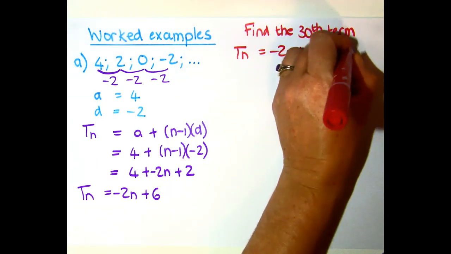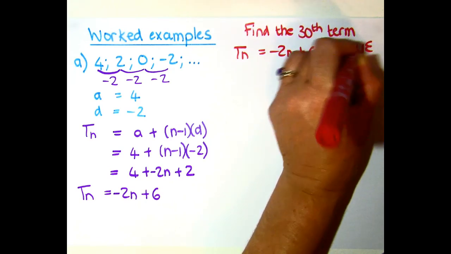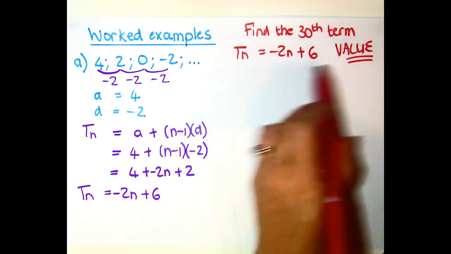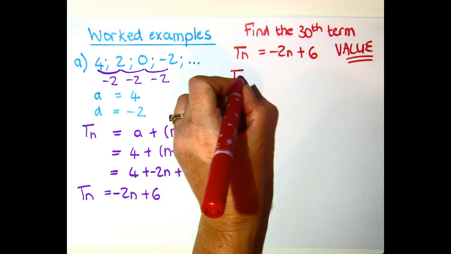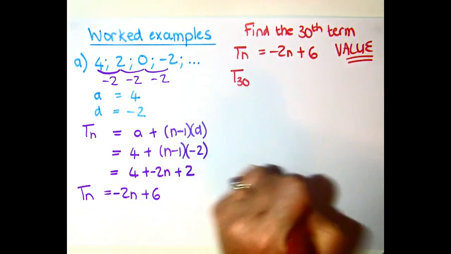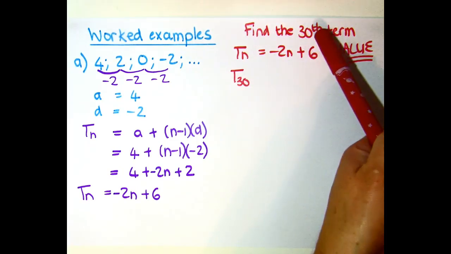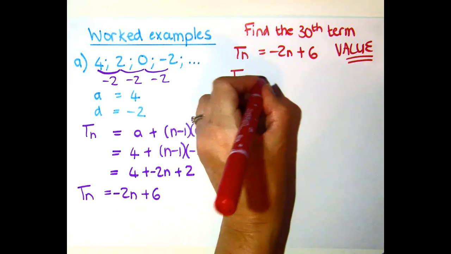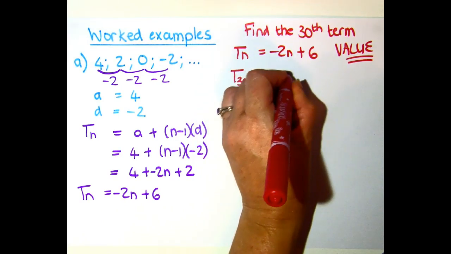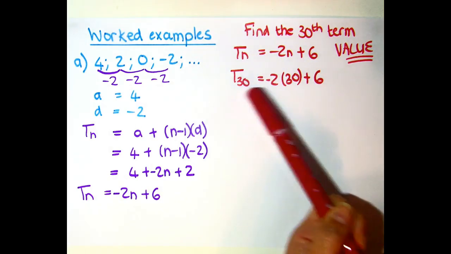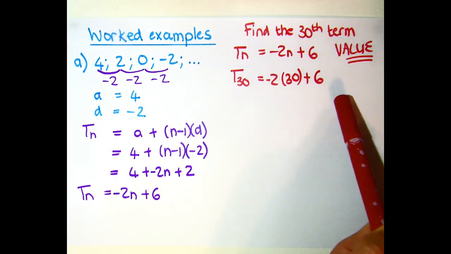It is a value question and not a position question, which means I'm finding what T something is, in this case T30. I'm not finding what N is because they're telling me. They're saying the position is the 30th position, so 30 is what gets subbed in. So it's going to be negative 2 times 30 plus 6. If you're in any way uncomfortable with doing this in your head, then use the calculator.